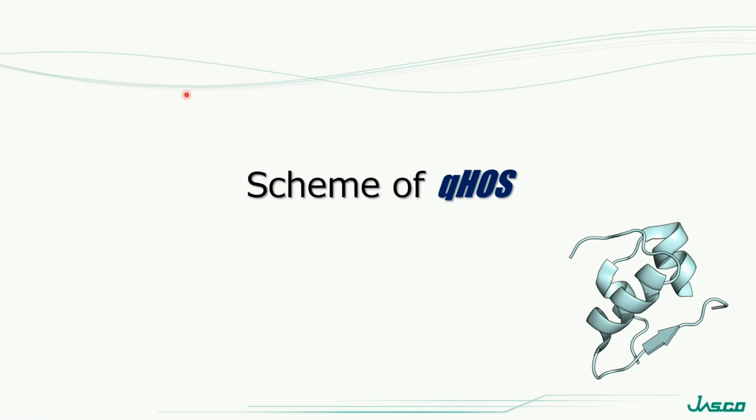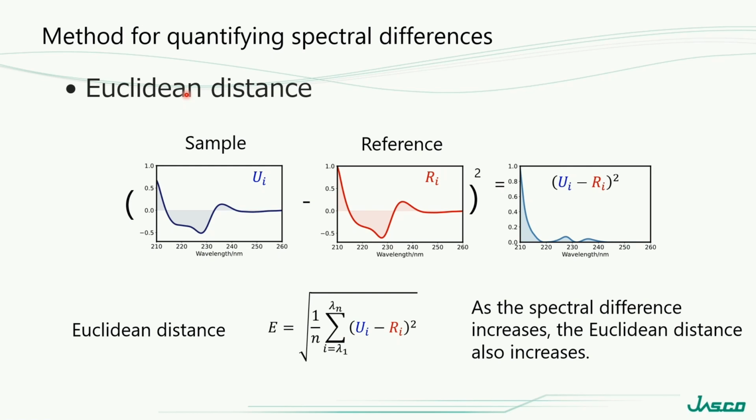In this section, I will explain how to determine the similarity or significant differences of two spectra in qHOS. In the spectral comparison procedure, it is necessary to convert the spectral differences into one parameter. qHOS applies the Euclidean distance method.